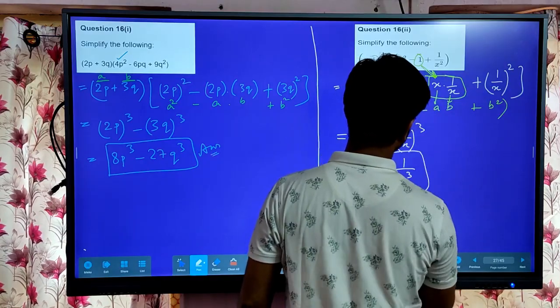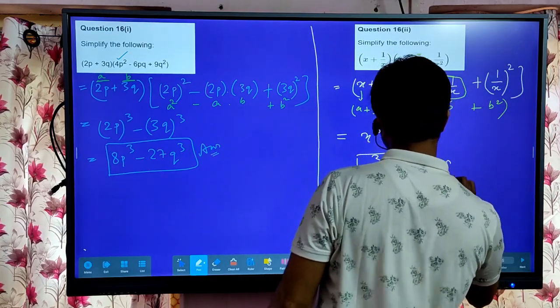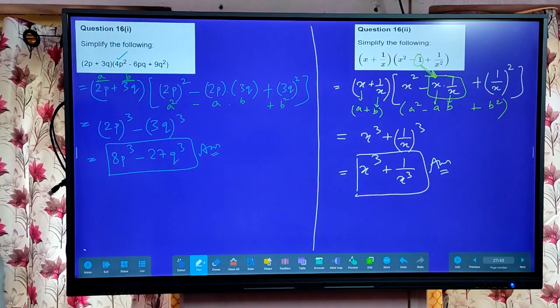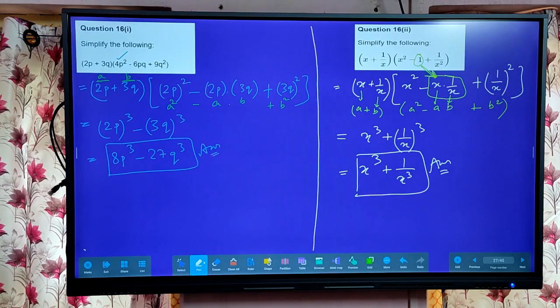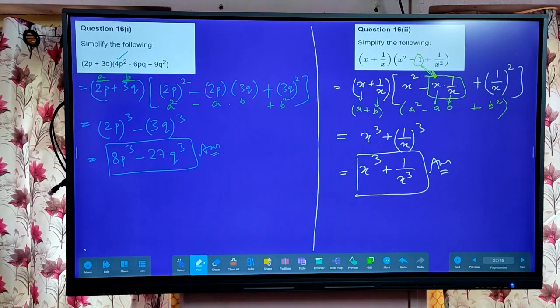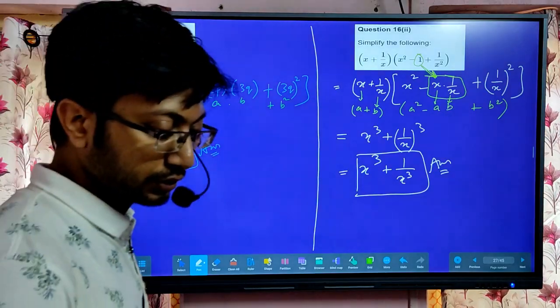So this is your answer. Check it, write it down. Pause the video, write it down. a plus b into a square minus ab plus b square. Okay, is it clear? So let us move on to the next question.